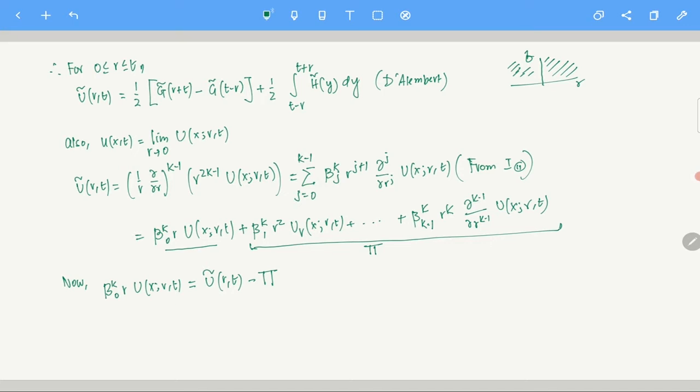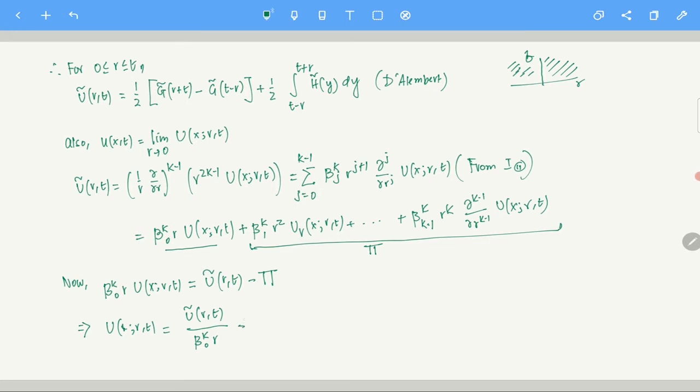Okay, and now that will imply, if this is true, that capital U(x, r, t) is equal to, now I want to divide it out by b_k0 r. If I divide it out, it becomes U tilde(r, t) by b_k0 r, minus this particular thing, b_k1 by b_k0 r, U_r(x, r, t), and minus, it goes on, minus b_k,k-1 by b_k0, r^k by r^(k-1), the (k-1)th derivative of capital U(x, r, t).